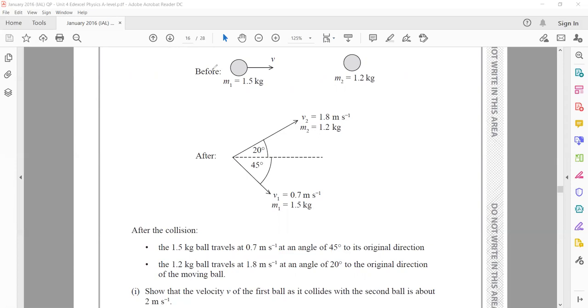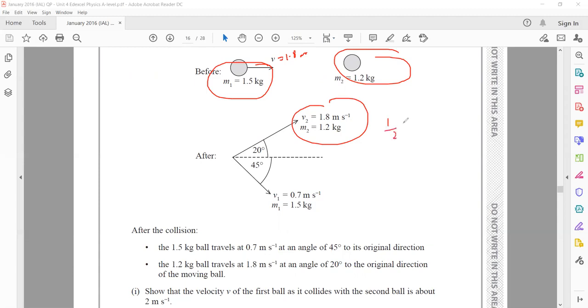So what you can do, you can find the kinetic energy here. This was 1.8. So kinetic energy is half mv squared. This is the kinetic energy before collision. And for the kinetic energy after collision, you will use half mv squared, and this one is also half m1 v1 squared.